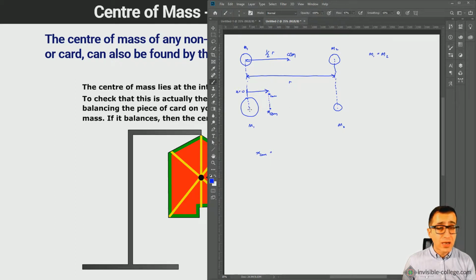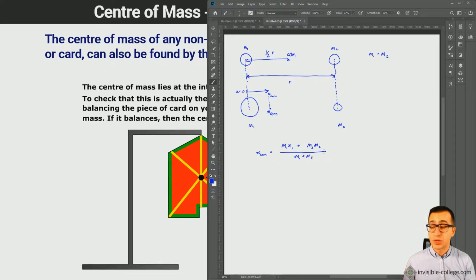So for a system with two objects in it, with mass 1 and mass 2, the position of the center of mass relative to our position 0 is given by this equation. Mass 1 times position of mass 1 plus mass 2 times position of mass 2, divided by the sum of the masses, mass 1 plus mass 2.